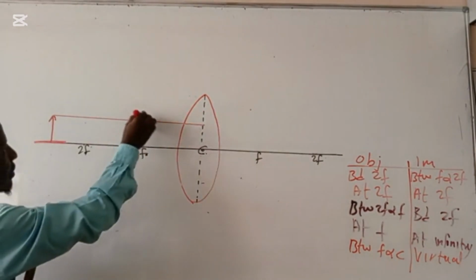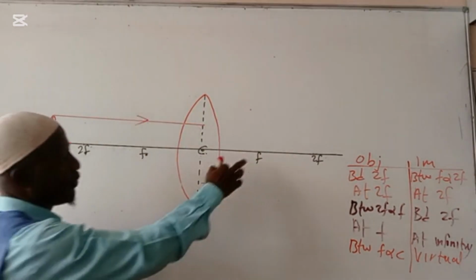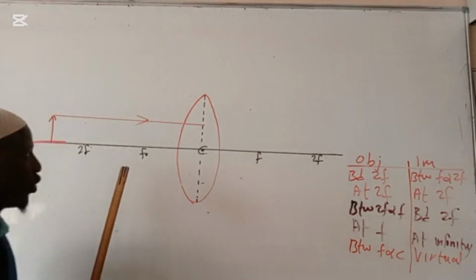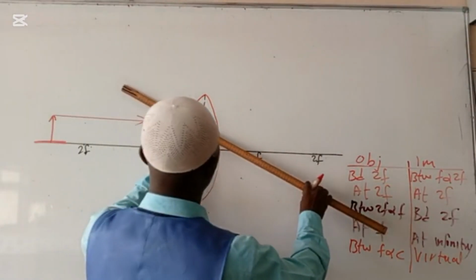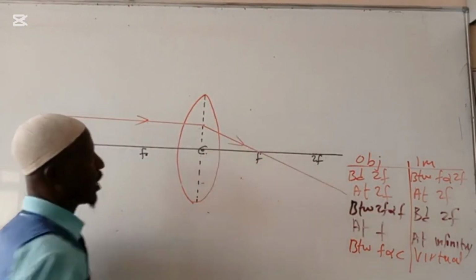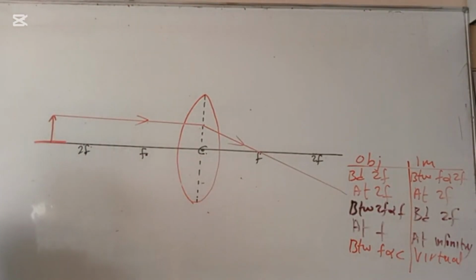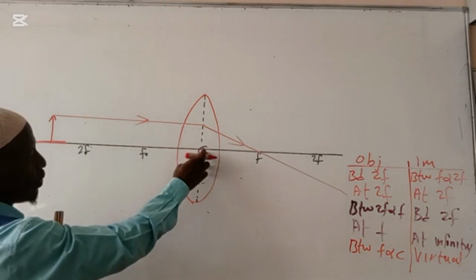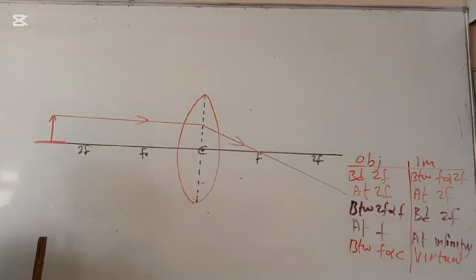Can you see? Then it will follow the principal focus. Very simple. Don't forget to put your arrow. Then you can use either of the other two principles. So I can decide to use a ray through the optical center, which goes without deviation.